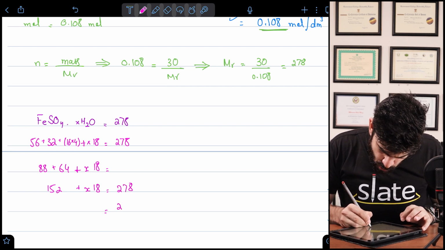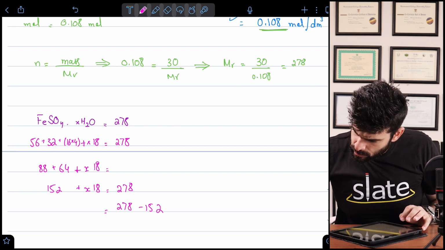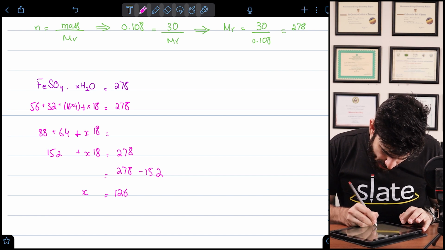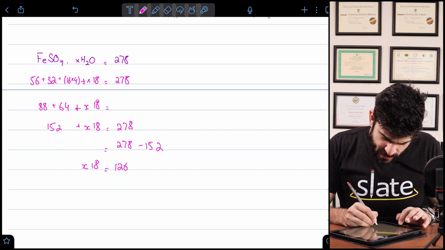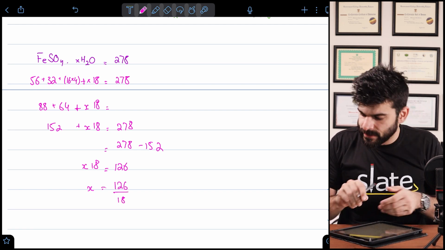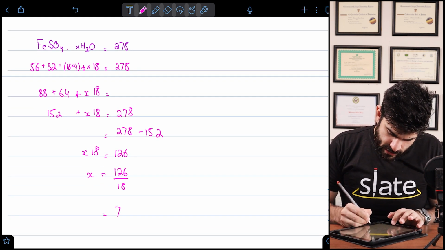So we're going to subtract this value, which is 152, from 278. And this turns out to be 126. So x18 equals 126. So x equals 126 divided by 18. And the answer is 7.